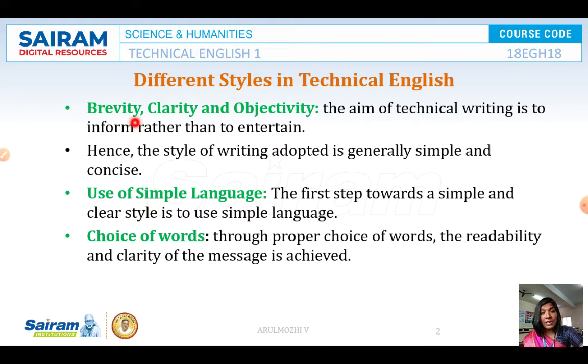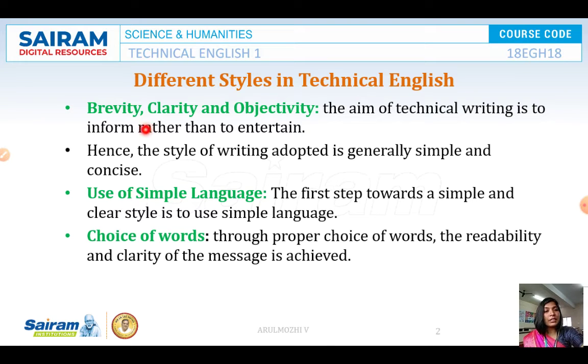This is the most important style that everybody should follow. This is why we should be very brief, very clear and aim oriented in technical English. In technical English we don't entertain people, we only inform and educate people.